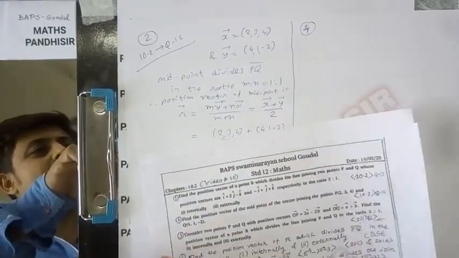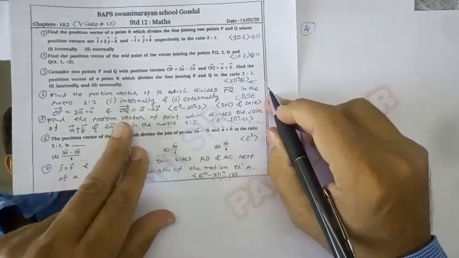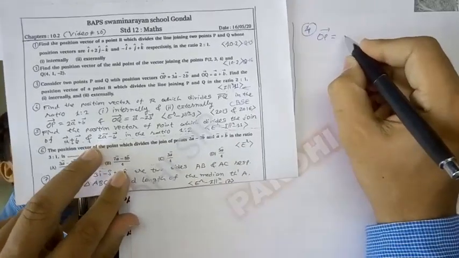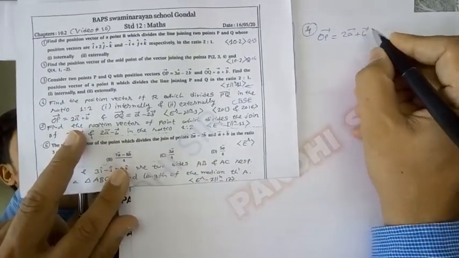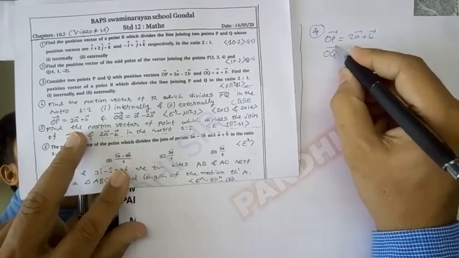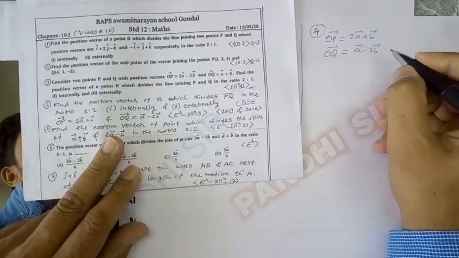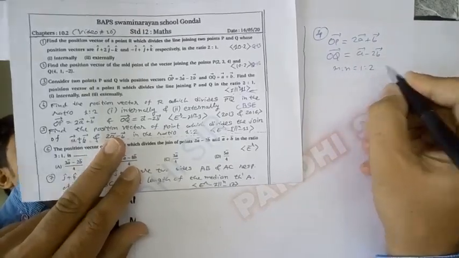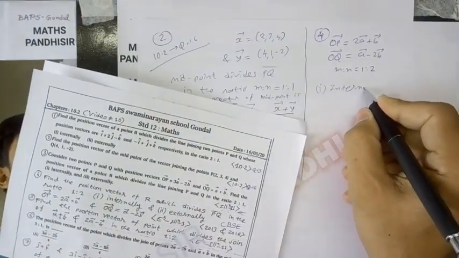So question number 4 now. OP is nothing but 2a plus b, and OQ is a minus 2b, and ratio m:n is 1:2. Now two questions, internally and externally.